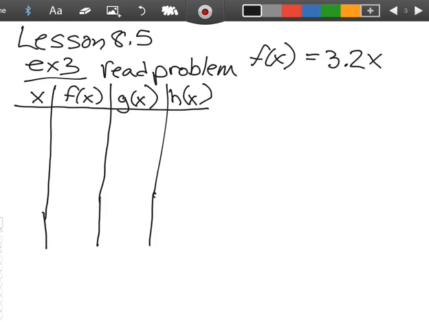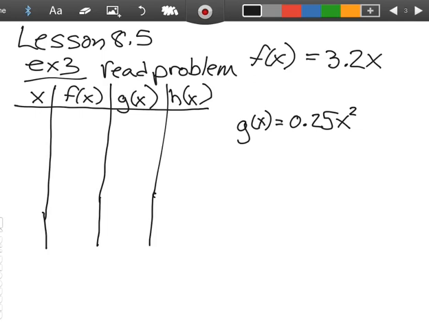But g of x, city B, is quadratic. So it's going to go up much quicker than f of x. So notice in the first 4 years, the population of city A was greater than the population of city B, but then you can see that city B is going to catch it and pass it.